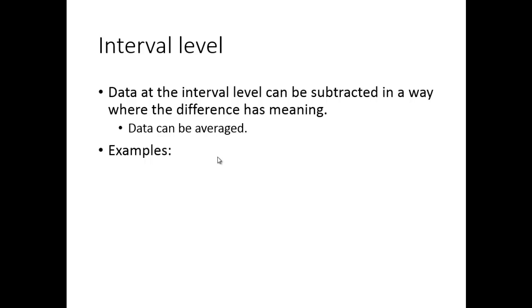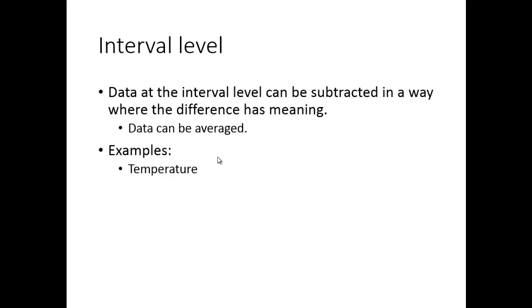Okay, some examples of interval level. So you could do temperature. So I could say it's 18 degrees as a high today, and it's 35 degrees as a high tomorrow. Tomorrow's high is 17 degrees warmer, and that 17 degrees sort of means something intrinsically. It's in some sense the difference between 60 and 77, 60 degrees and 77 degrees also is 17 degrees.